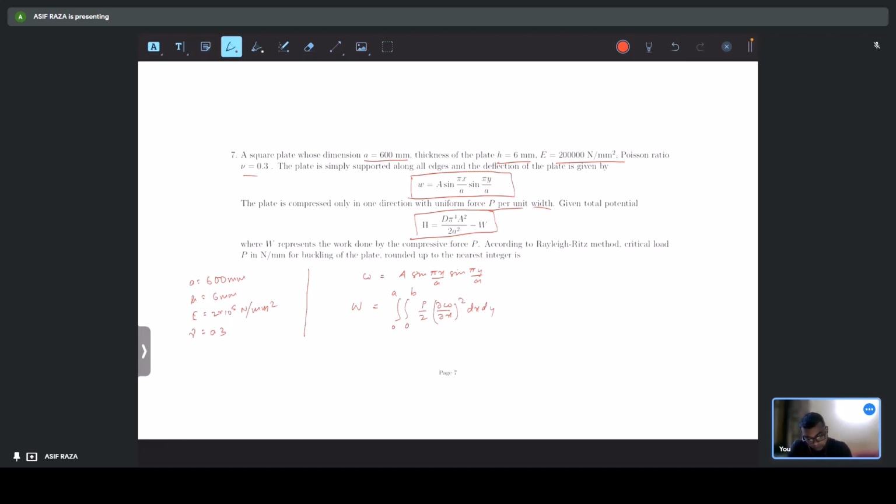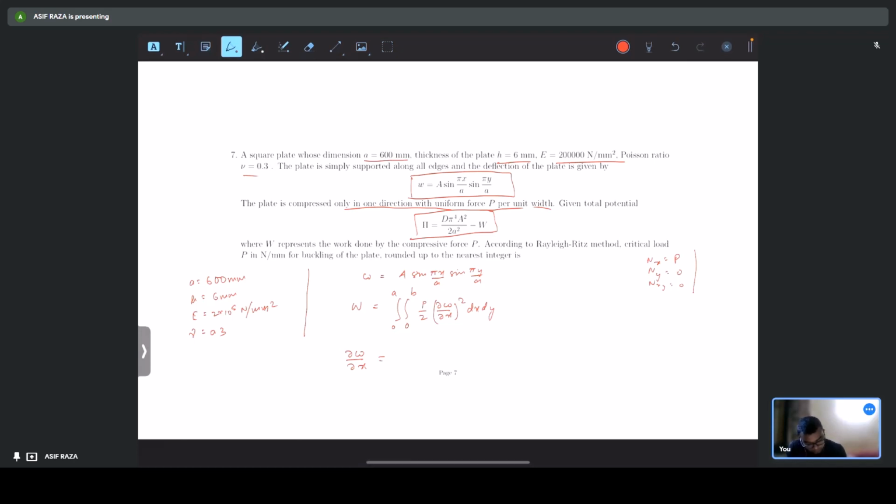If you see, it is compressed only in one direction. So if we take Nx is equal to P, Ny is equal to 0, and Nxy is equal to 0, the work done by the compressive force P would be given by this relation. Now let's find del W by del X.